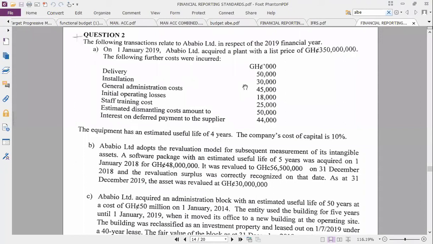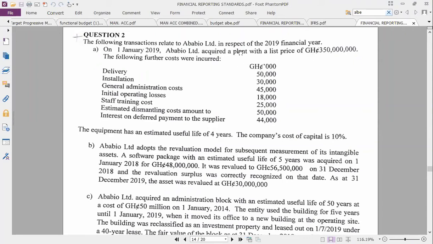Don't just calculate the cost for us. So every figure there must be explained, where to treat it. They didn't ask us to just calculate the cost. We should detail out the accounting treatment of the items above. So first, on 1st January 2019, Ababio Limited acquired a plant with a list price of 350 million.